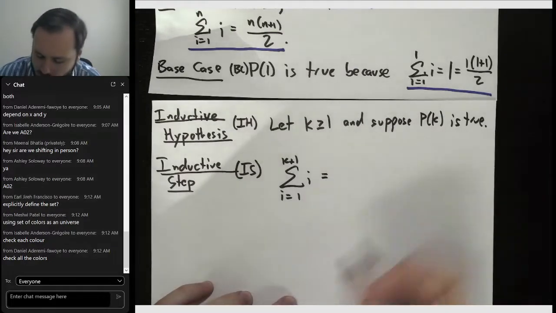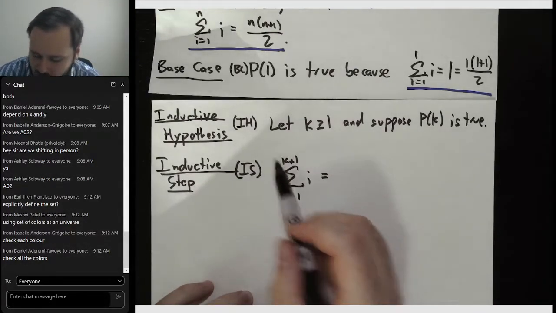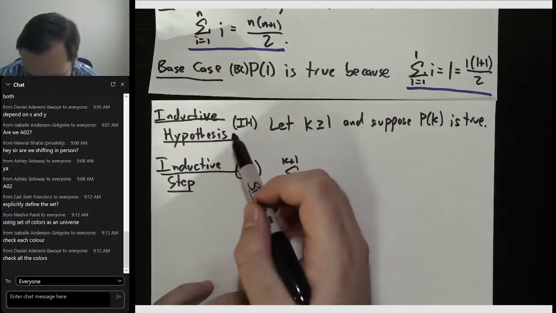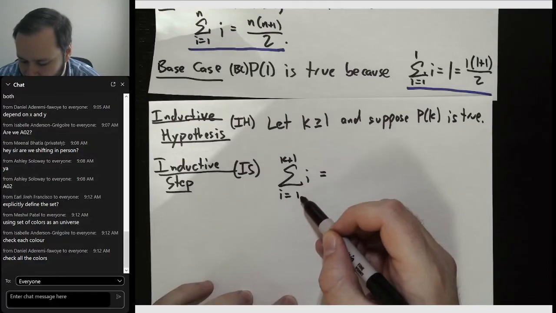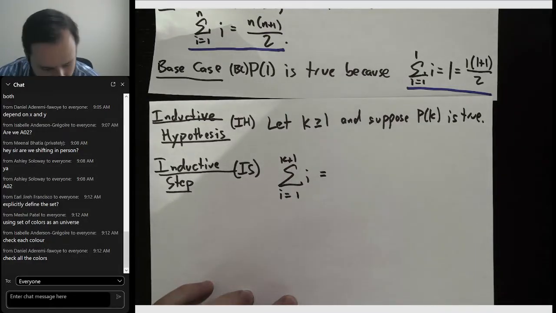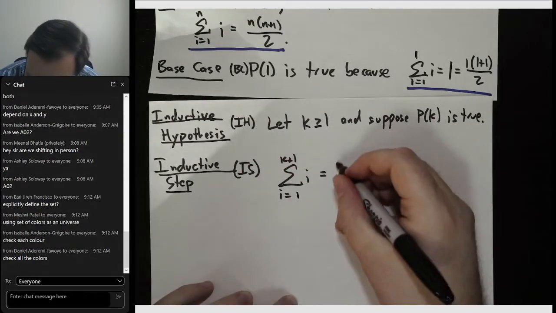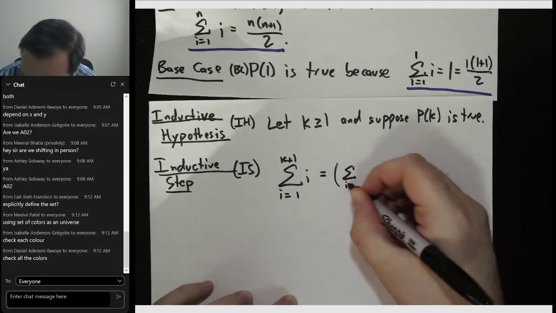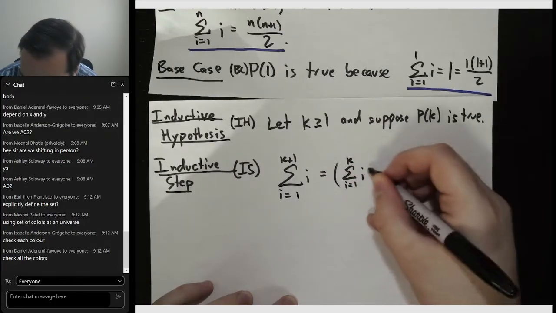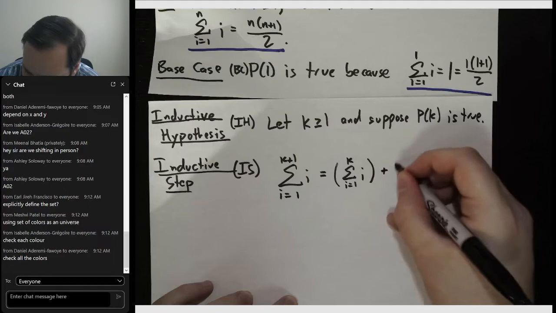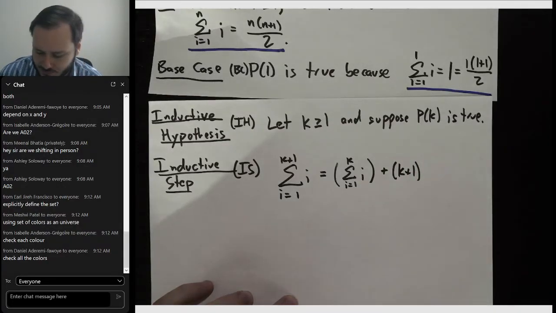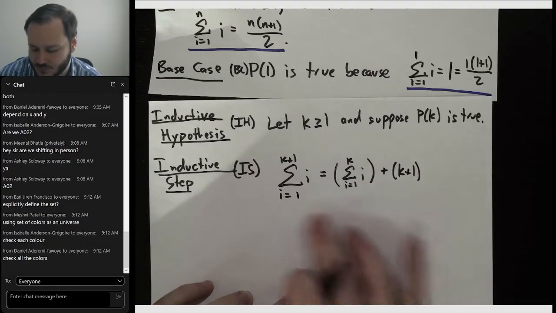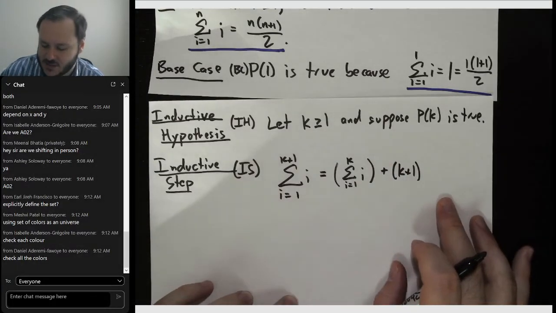So I've got to figure out how to make my inductive hypothesis useful. And the trick in this case is that summing up from 1 to k plus 1 is the same as summing up from 1 to k plus k plus 1. These two things are the same. It's just equality. It's just saying the same thing in different ways.